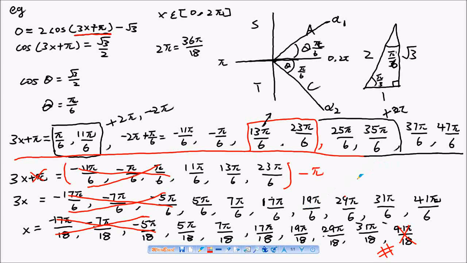The difficulty is that initially we have no idea how many answers there are. But when you learn to draw the graph of the trigonometry questions, you can actually read from the graph how many answers you're going to get with this kind of question. Okay, thank you very much.